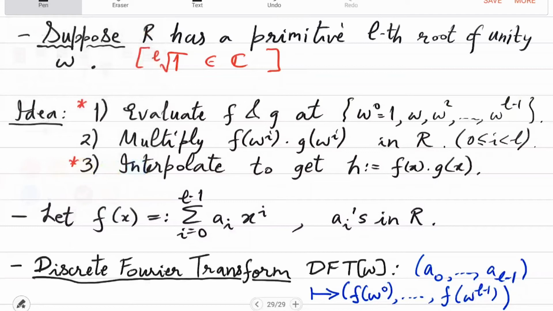This is what we wanted to do in step 1, once for f, once for g. Now we want to compute this in a very fast way, not in the trivial way, but a faster way. So for that we need some assumptions. We'll assume that L is a power of 2.